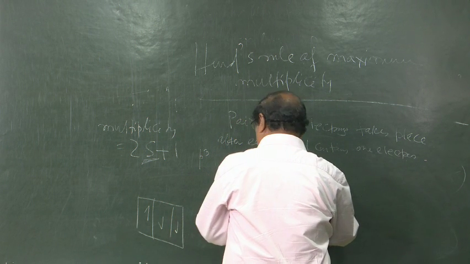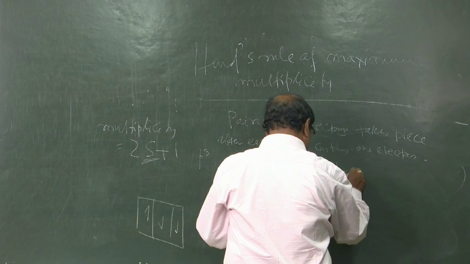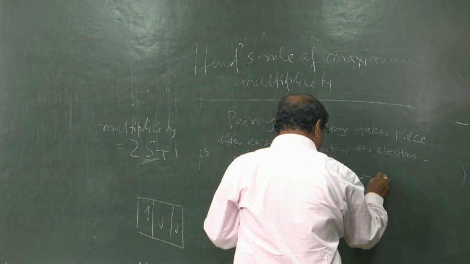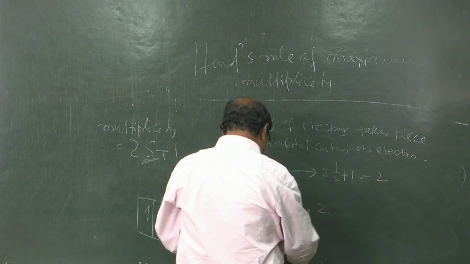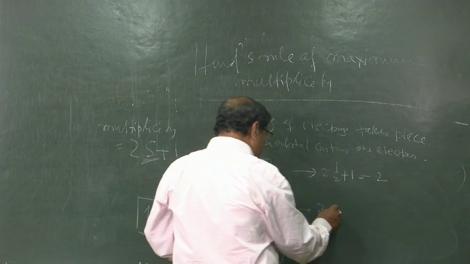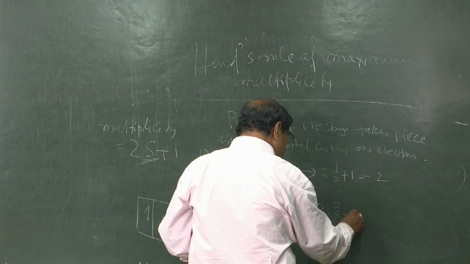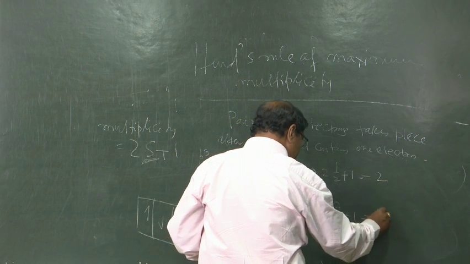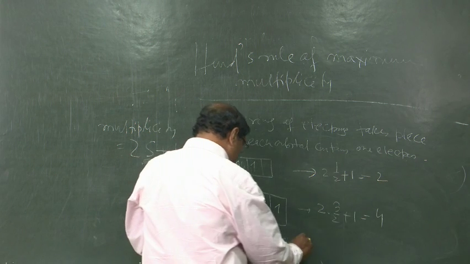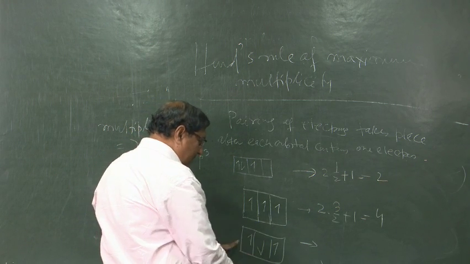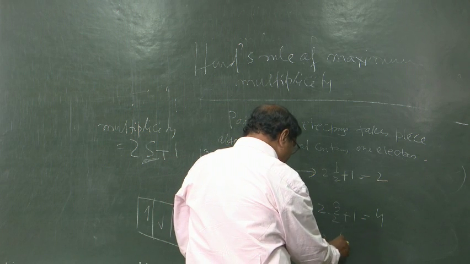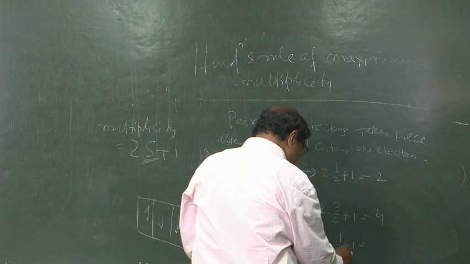So 2 times half plus 1 is equal to 2. Now here the multiplicity is 2 times 3 by 2 plus 1, that is 4. Here plus half and minus half cancel, leaving only half. So 2 times half plus 1 is equal to 2.